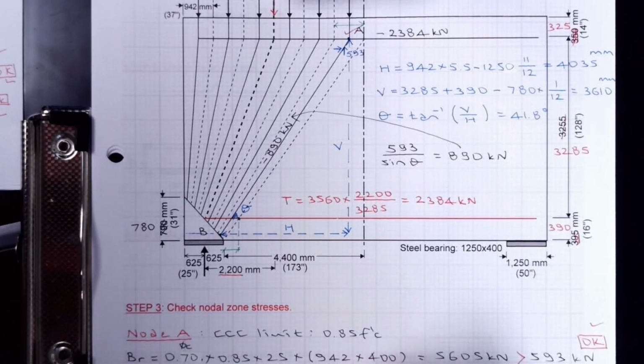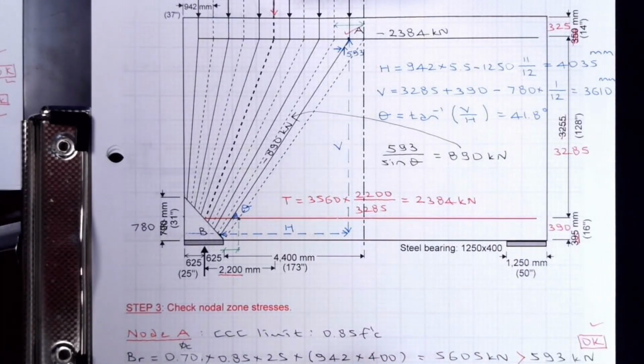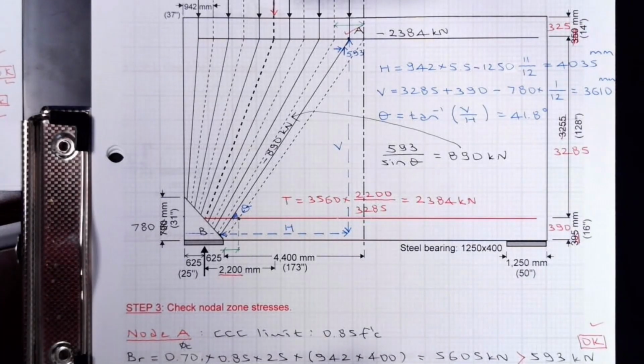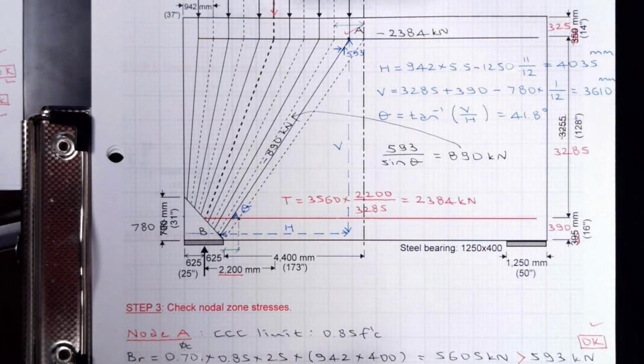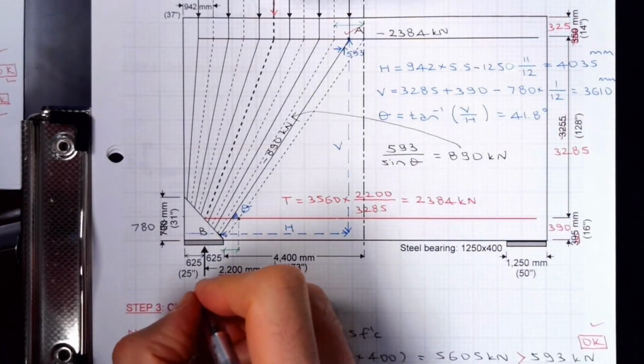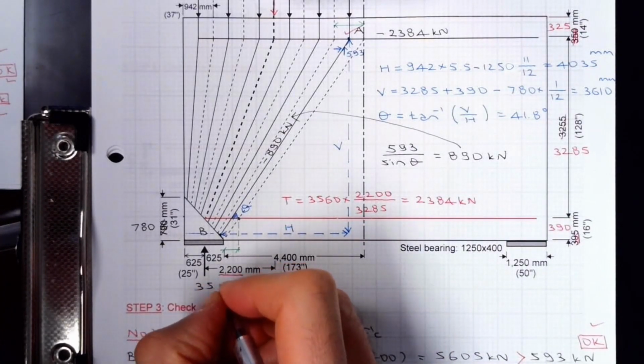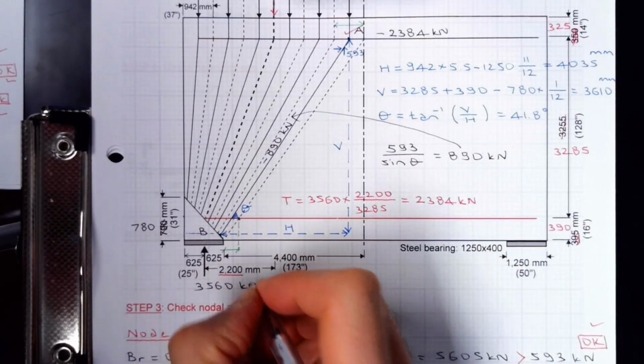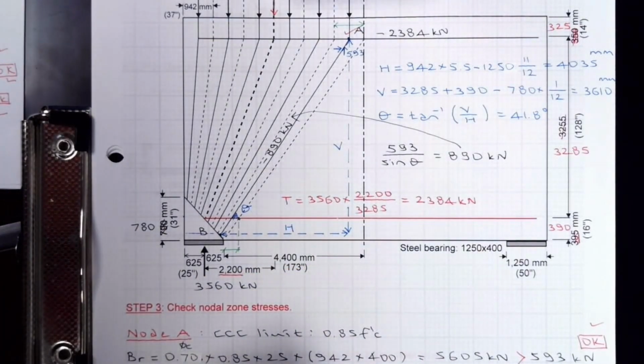Based on H though, it is 0.70 F prime C. What should I check? Let's start again with the bearing check. Check the entire bearing for this concentrated force, which is the support reaction 3560 kilonewtons. So BR, this is the capacity, 0.70, 0.70 times 25, area 1250, thickness 400.